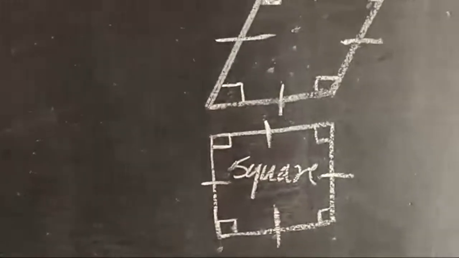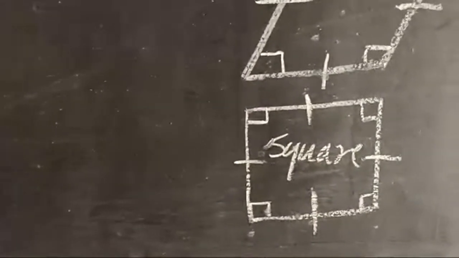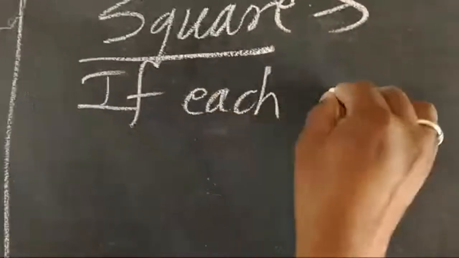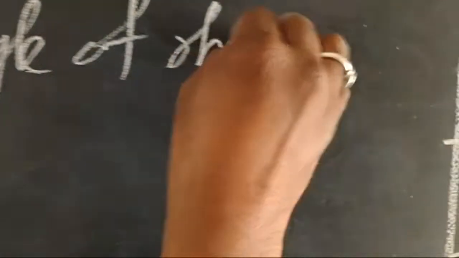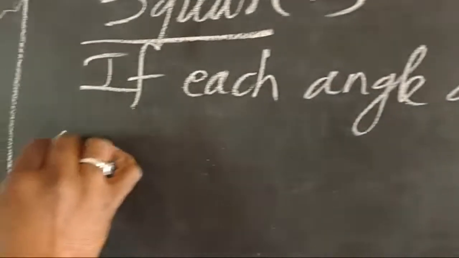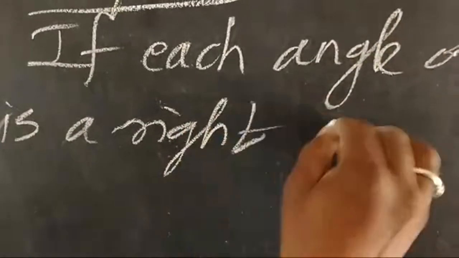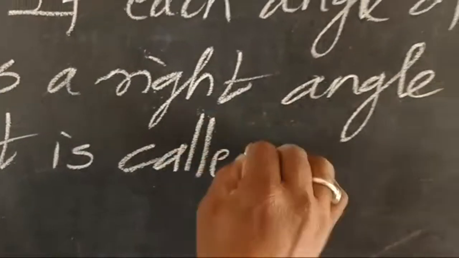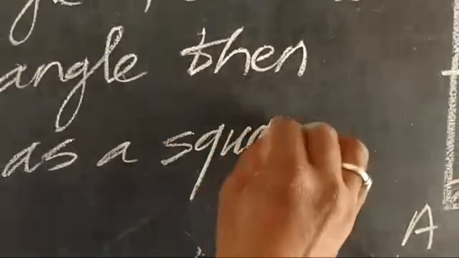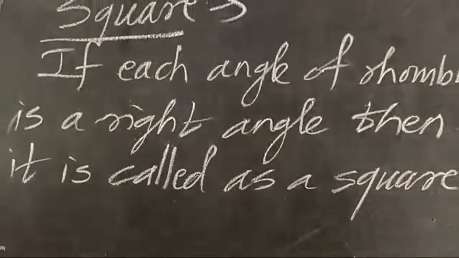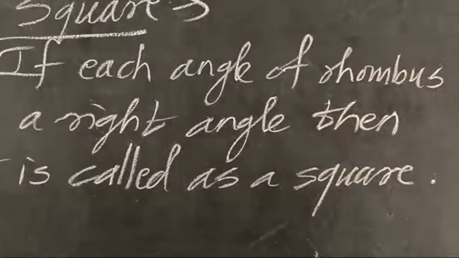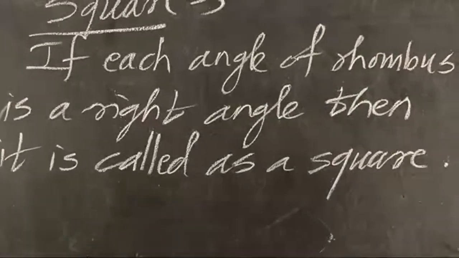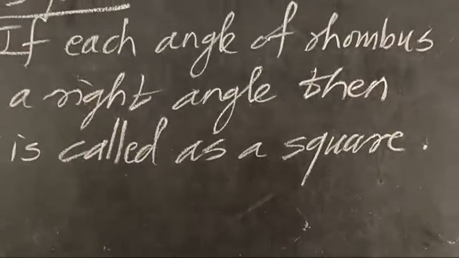Write here the definition. If each angle of a rhombus is a right angle, then it is called a square.